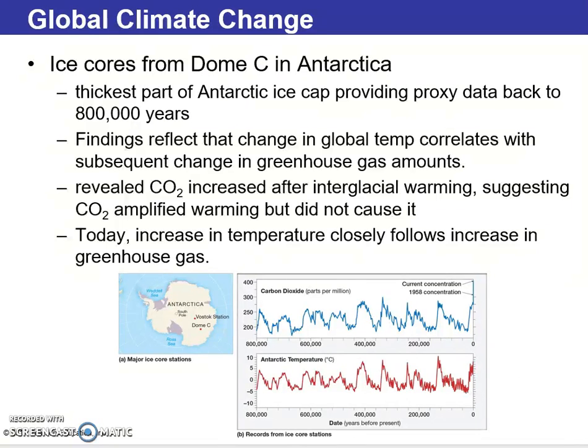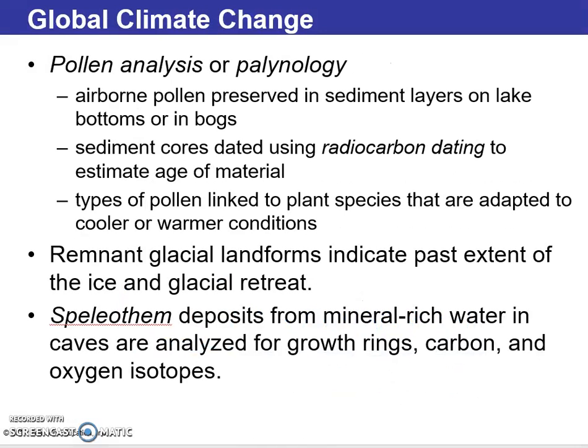Ice cores are really conducive to showing what has actually existed in the atmosphere for gases. And then there's other analysis like pollen analysis, how much pollen existed in the environment, and so forth.